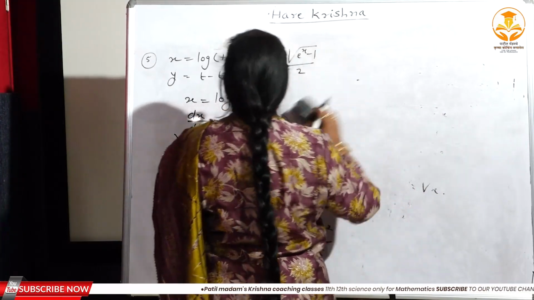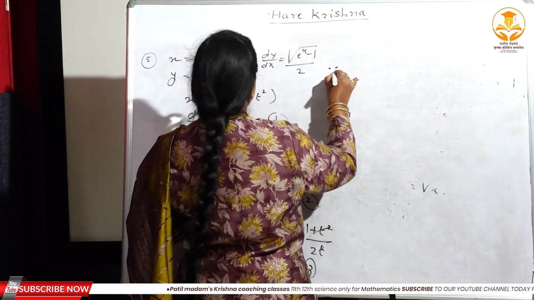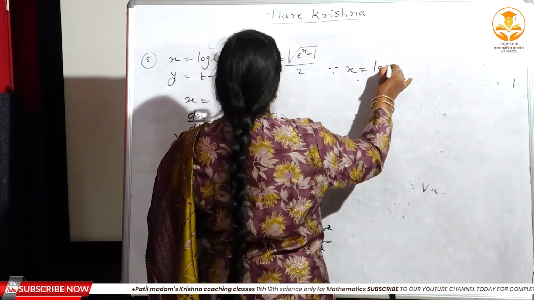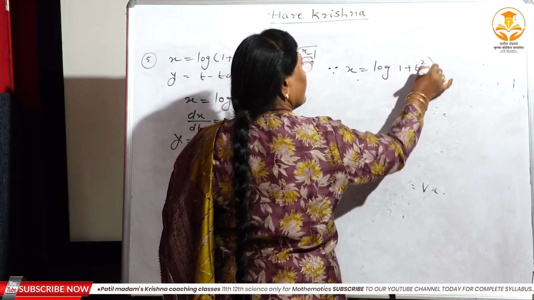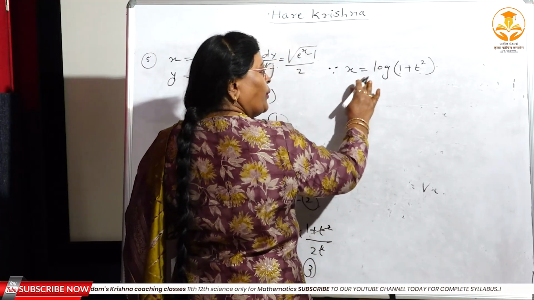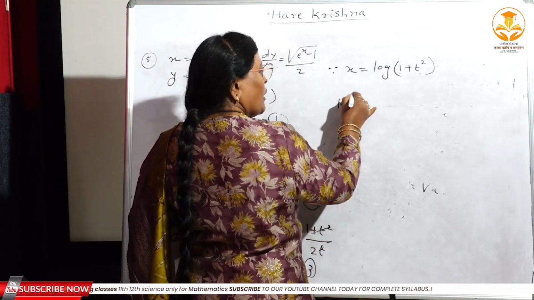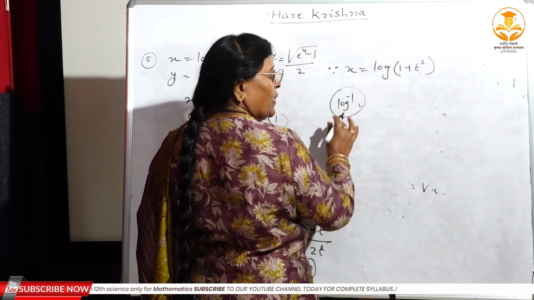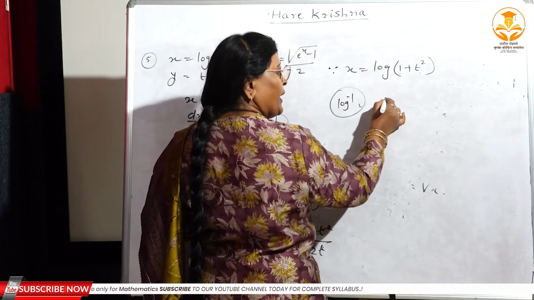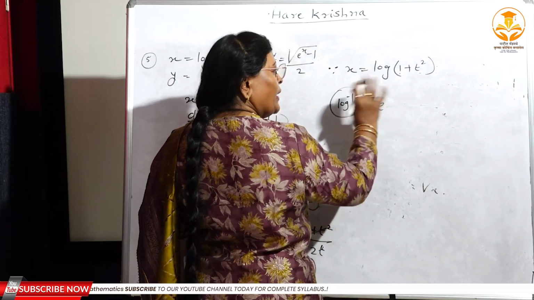See here again, since x is equal to log of 1 plus t square, therefore when you take log inverse, it is nothing but e raised to something.